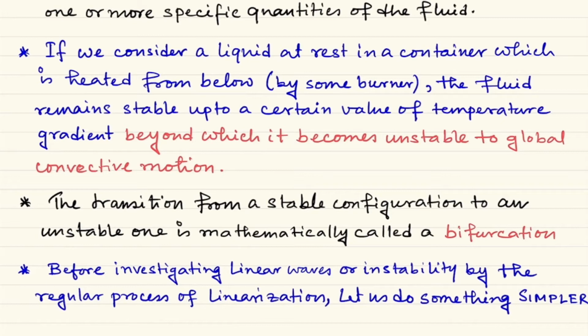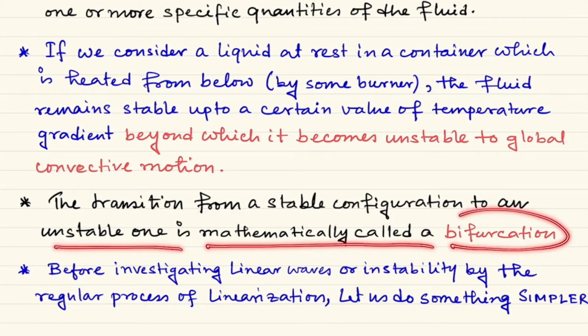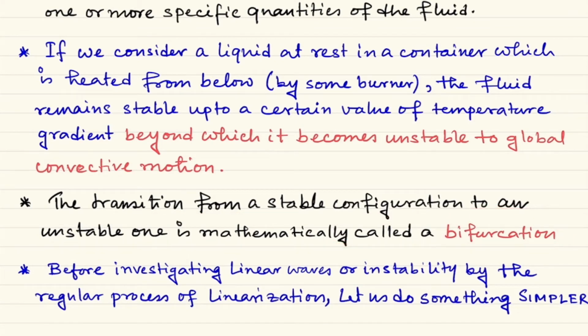But if not, then the system is globally convective in nature, and any perturbation can be aggravated. The transition from a stable configuration to an unstable one is mathematically called a bifurcation. Although we will not be discussing bifurcation in detail, that is just for your interest.